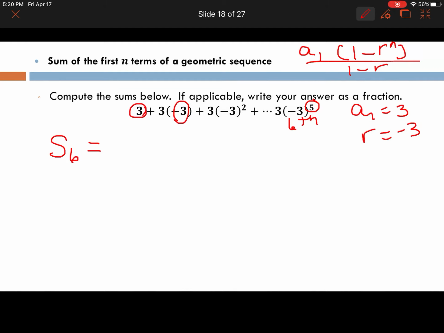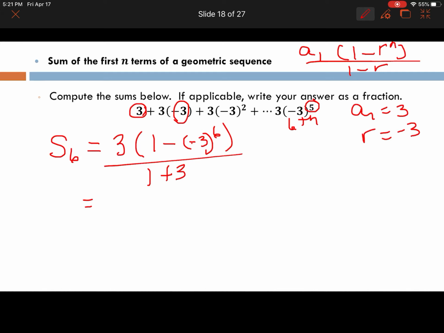Okay, so I have a sub 1, which is 3, and then I'll have 1 minus r to the n, so negative 3 to the 6th over 1 minus negative 3.